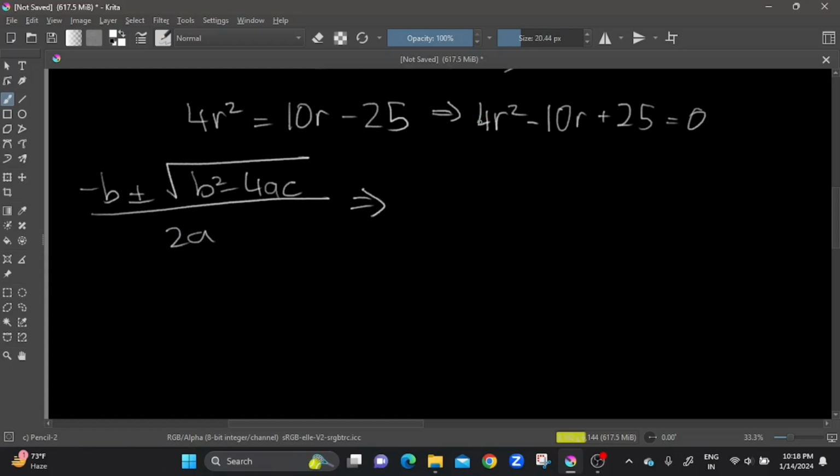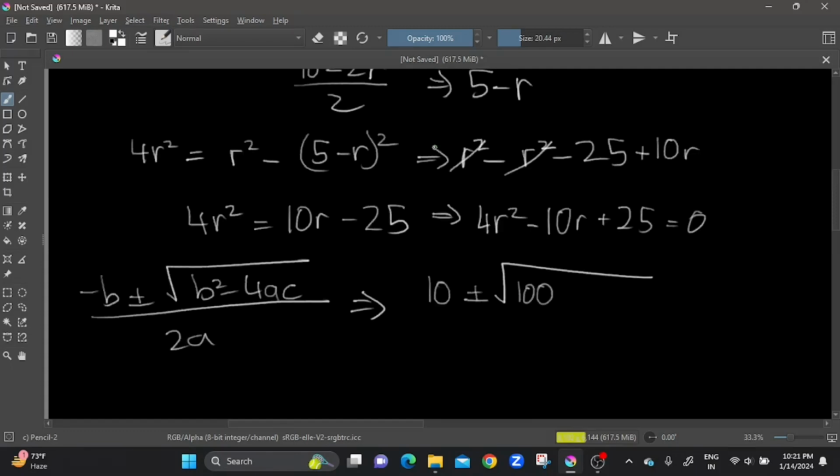So we're going to get plus 10 plus or minus root of b squared, which is basically 100, minus 4ac, right? So a is 4, c is 25. So we're going to get 100 minus 400.